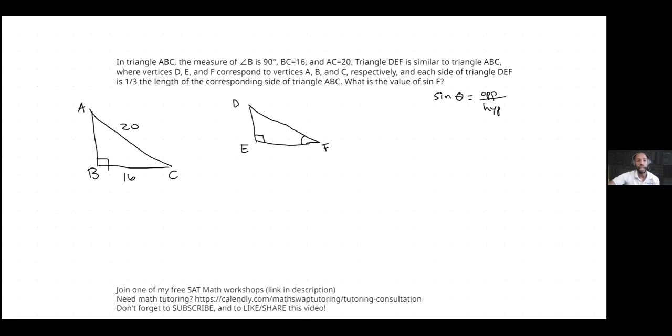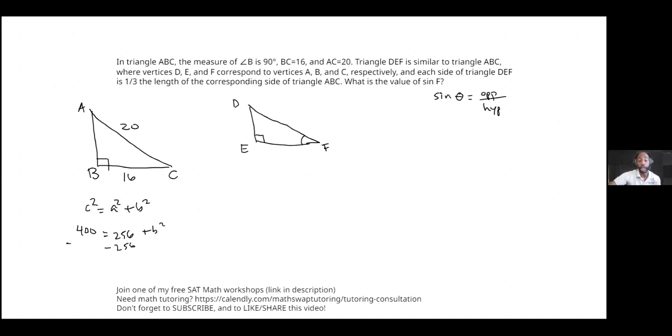We can find this side length over here by using the Pythagorean theorem, c squared equals a squared plus b squared. C right here is 20, so 20 squared is 400, which is equal to, I'll just call this a squared, 16 squared is 256, plus b squared. Subtract 256 from both sides.